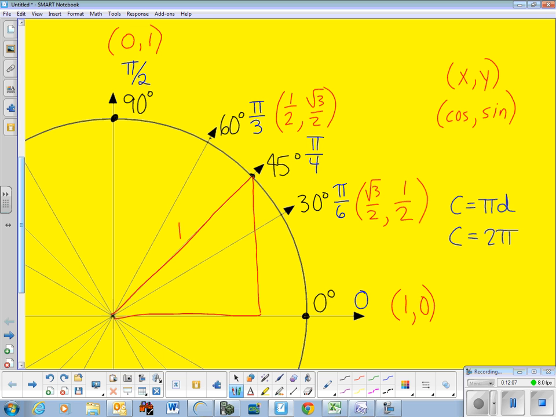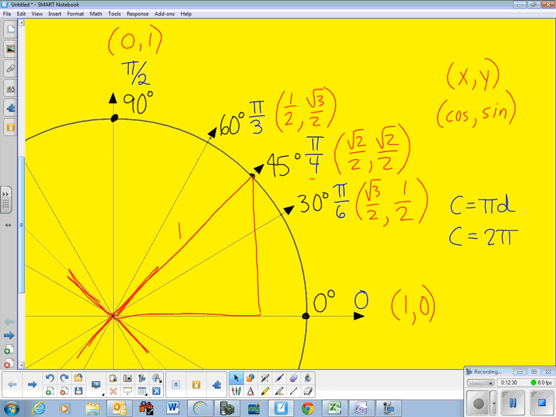hypotenuse 1. The easy thing about these 45s, which would be here and here and here and here, right in the middle of each quadrant, the ones that have a 4 on the bottom in radian form, they have the same x and y. They have the same sine and cosine. They are both square root of 2 over 2. All right.